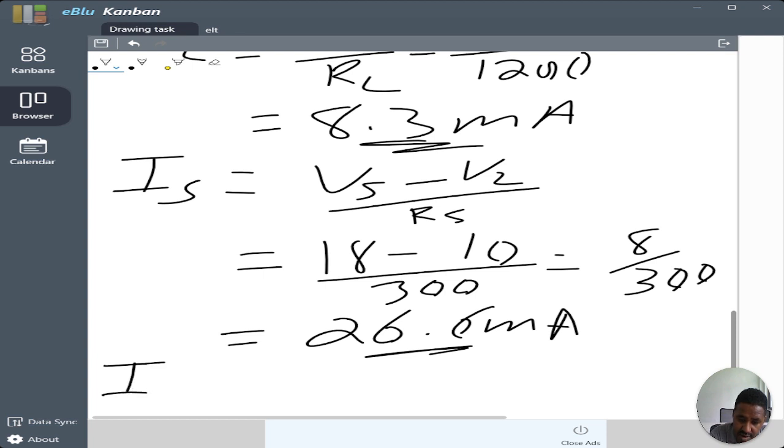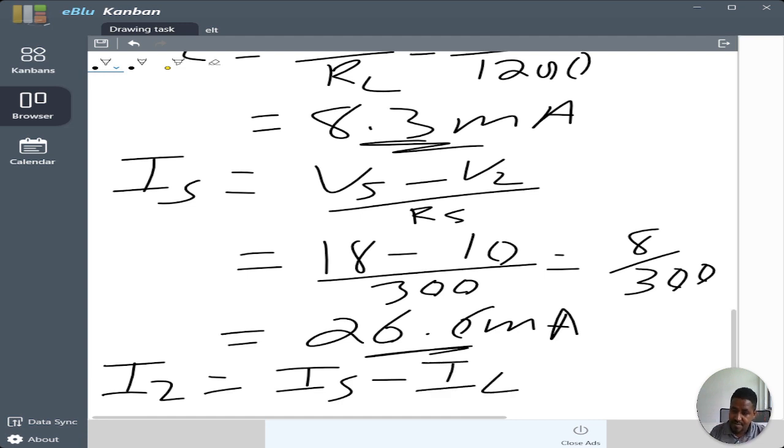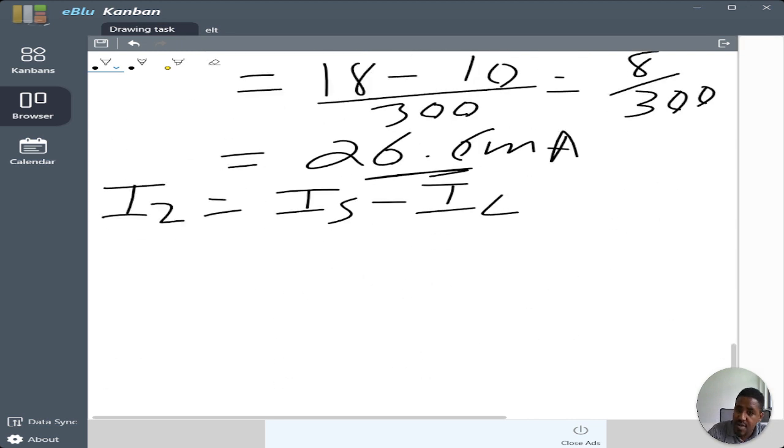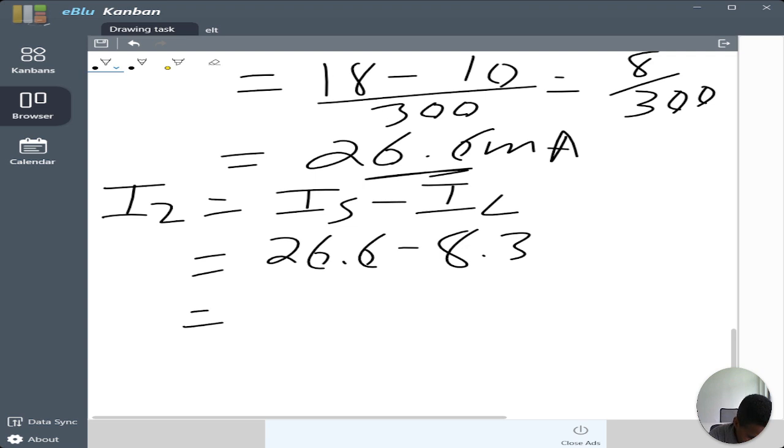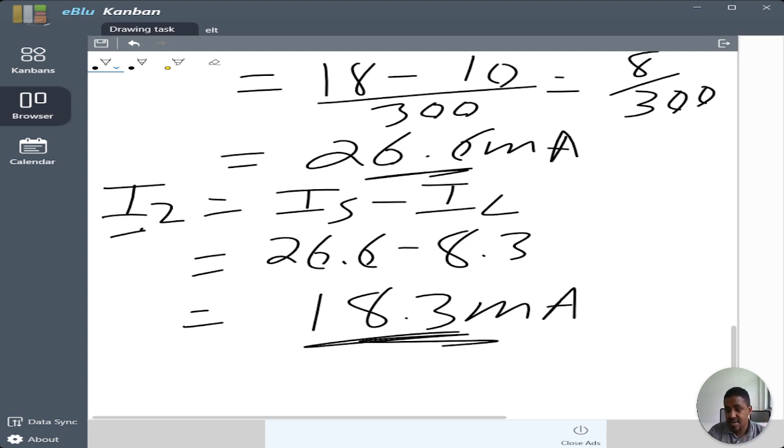Now Iz becomes Is minus IL, because Is is the total current. So Is means Iz plus IL. So to determine Iz, Is minus IL: 26.6 milliampere minus 8.3 milliampere. This becomes 18.3 milliampere, the maximum of Iz.